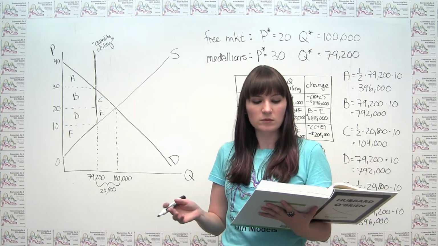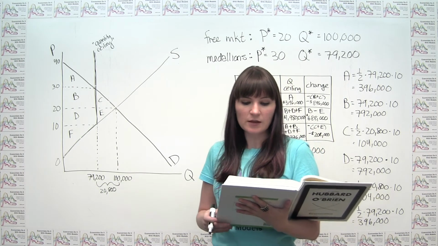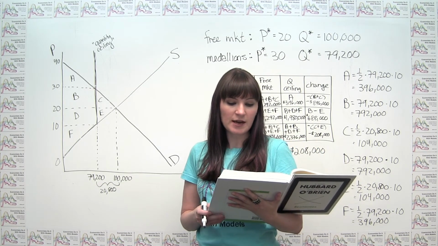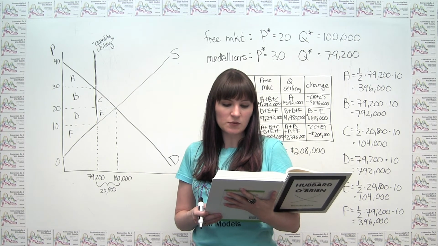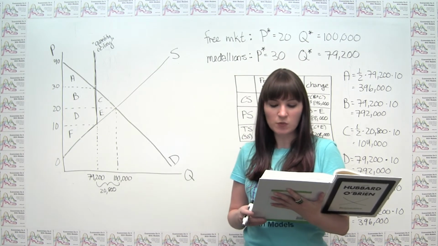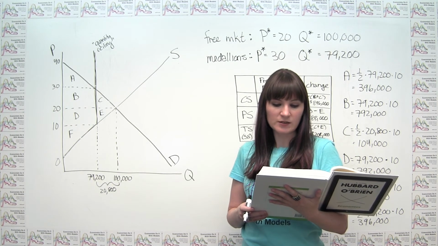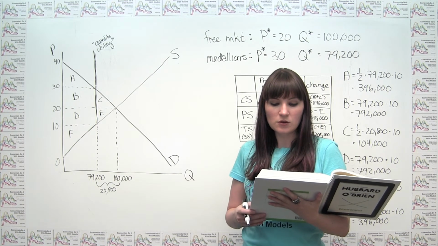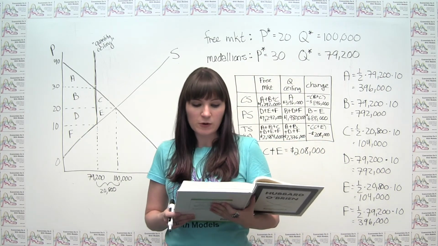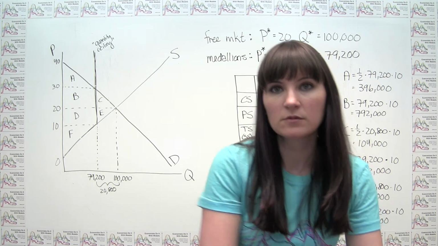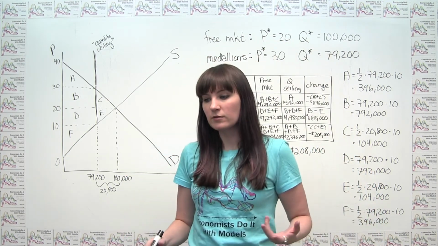The last part of the problem says, in 2011, the state of New York allowed New York City to sell 1,500 new taxi medallions. Assuming that each of the new taxis can also provide 6 rides per day, what is the new quantity of taxi rides per day? So now what we're doing is we're adding 1,500 times 6 to our allowable quantity, right?